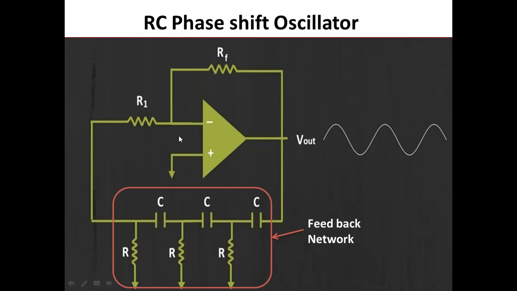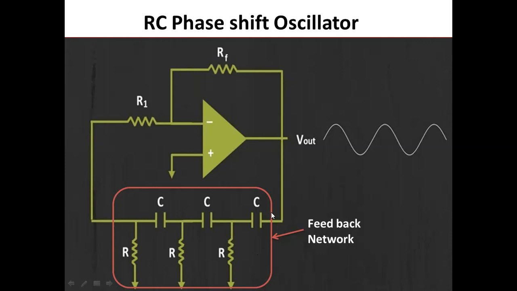The additional phase shift of 180 degrees is provided by the RC phase shift network. Here, three identical RC networks are used, and therefore each network produces a phase shift of 60 degrees. The output signal is now going to the RC phase shift network, which acts as a feedback network.